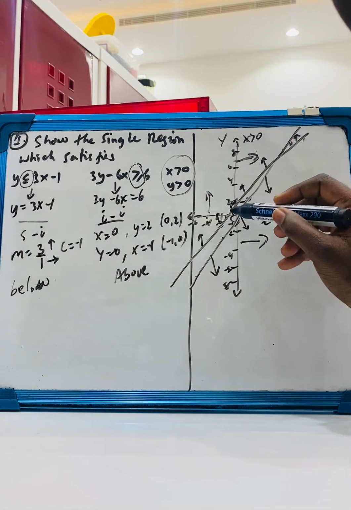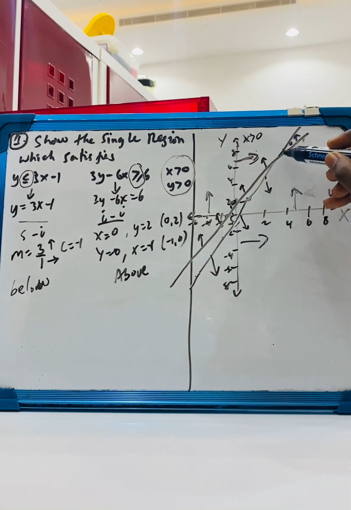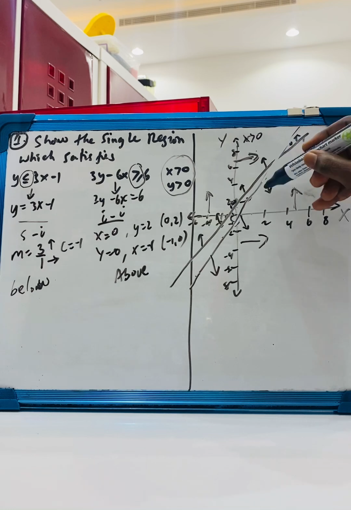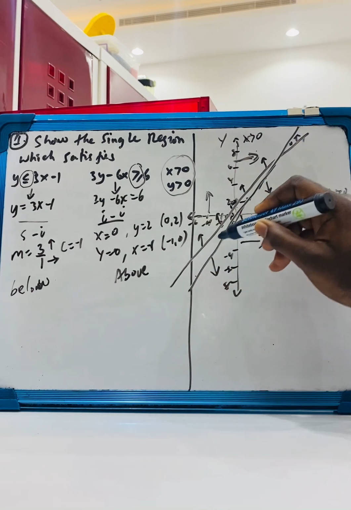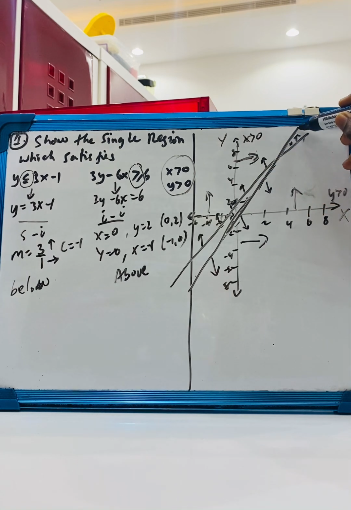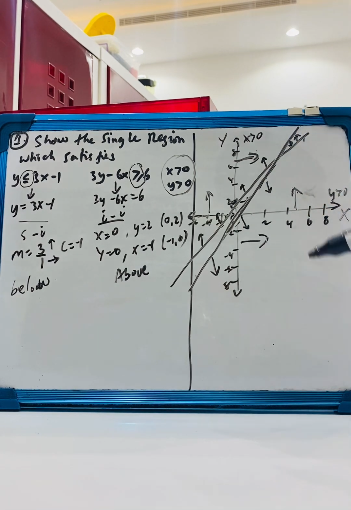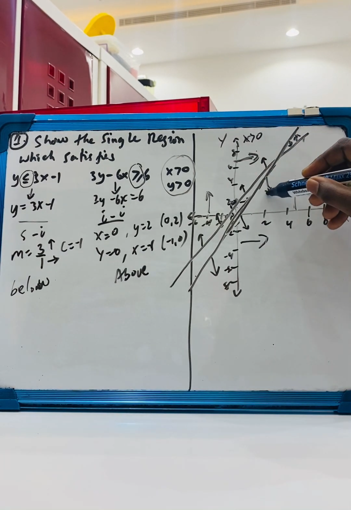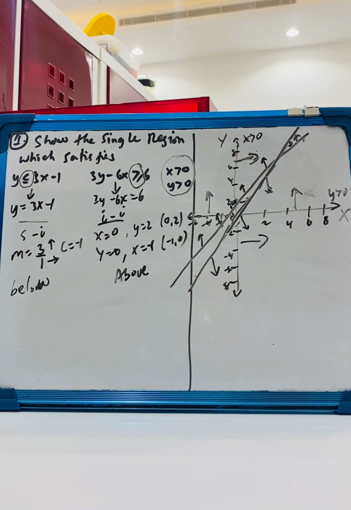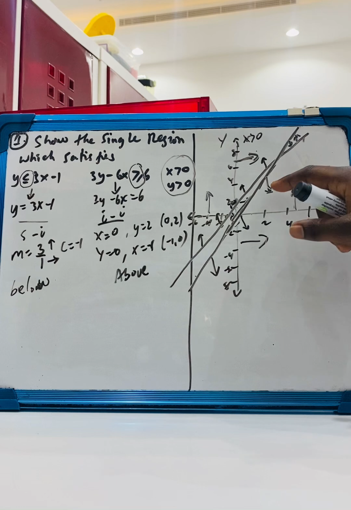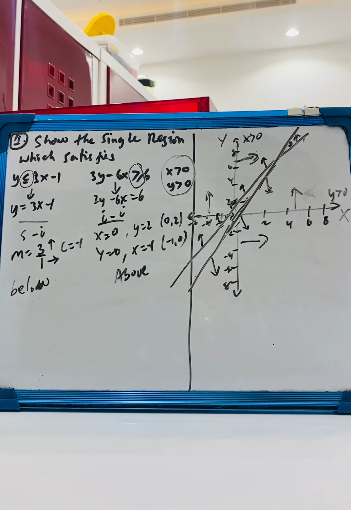Now I have to be below this line. If I have to be below this line, what that means is anything above that line is false. So I can only be here.